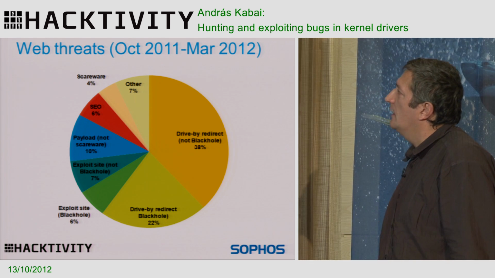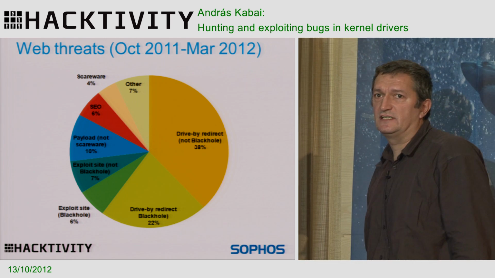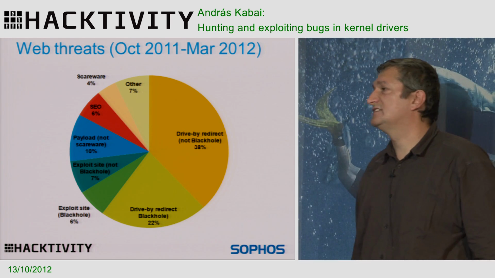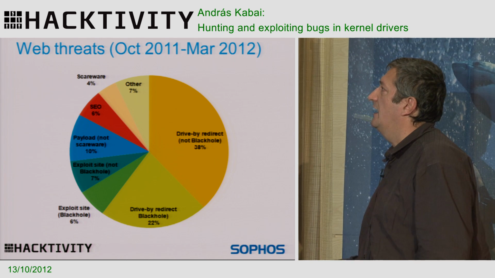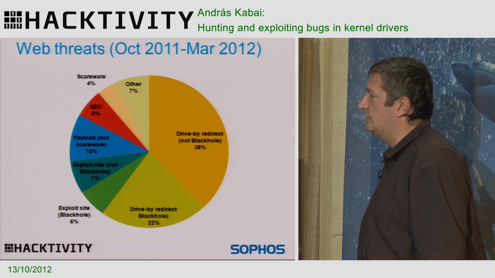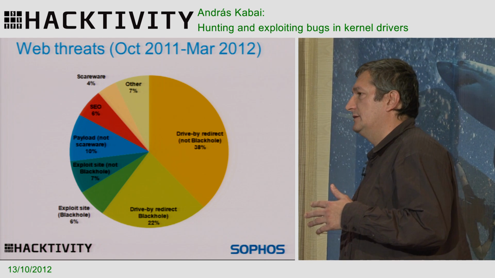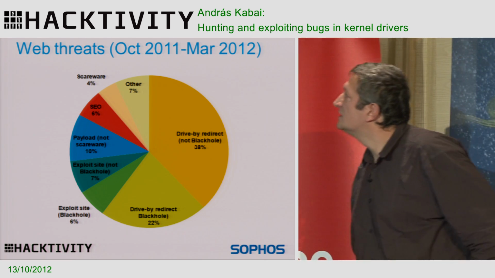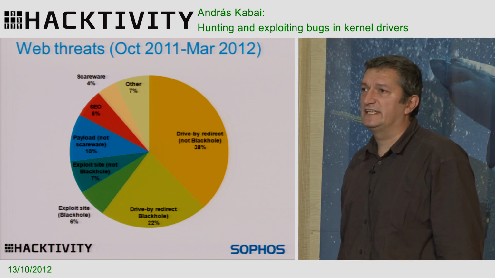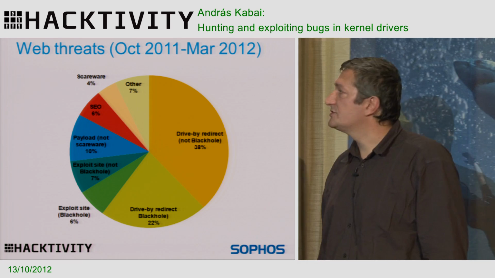Over 2/3 of these web threats can be attributed to one sort of server-side exploit kit, and half of them are the work of the Blackhole kit alone. So 1/3 of the threats that we are facing coming through the web are the result of the operation of the Blackhole kit.